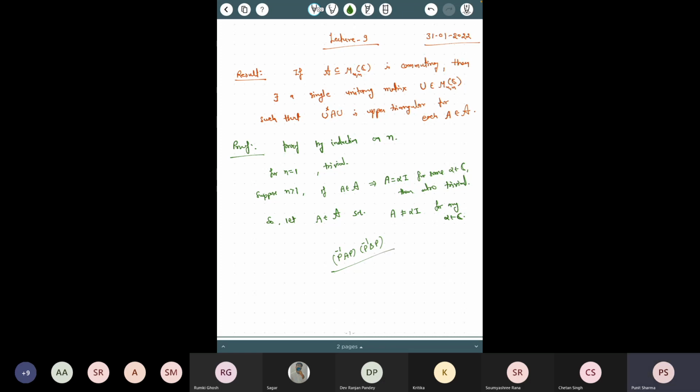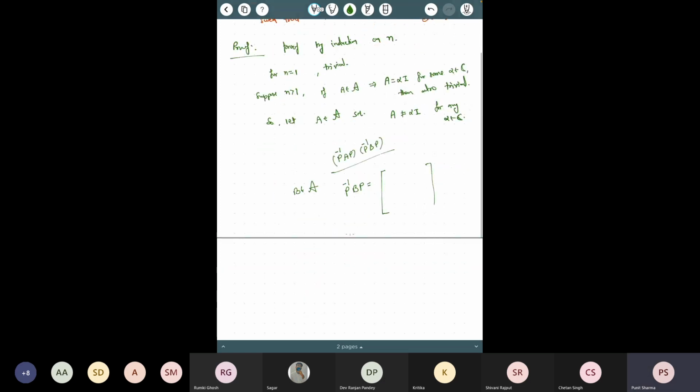And then from there, if I take any matrix B in the family and find P inverse BP, we observe that it would be of this form, right? So block diagonal. And then we realize that the diagonal blocks form a family of matrices of a smaller size.